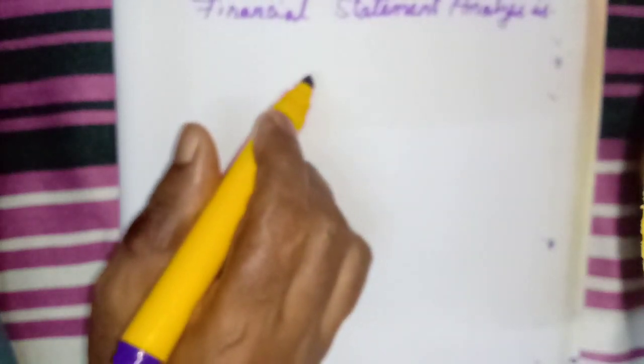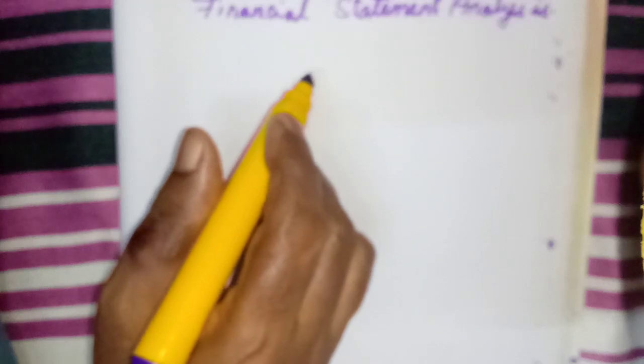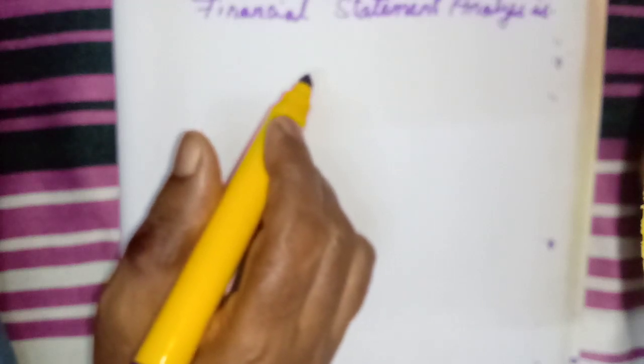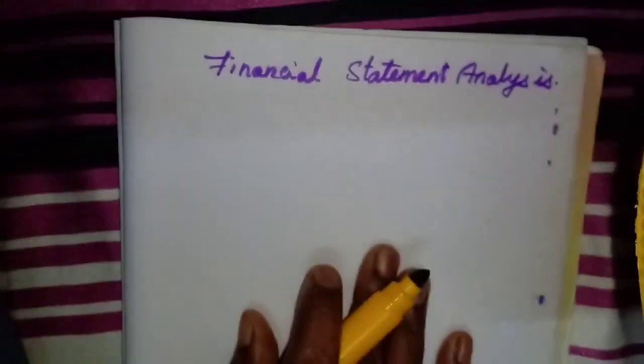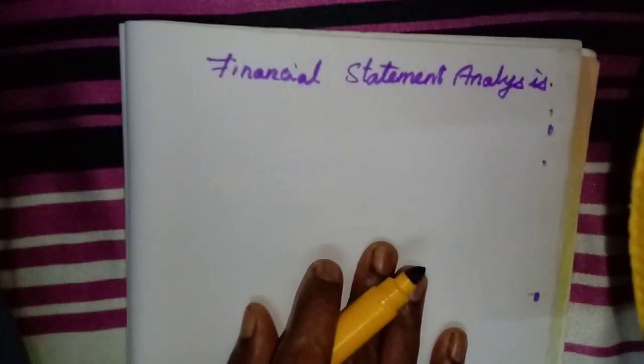Financial statement, we know the two accounts. One is profit and loss account, including trading account. So trading and profit and loss account, and balance sheet. The profit and loss account is also called income statement.